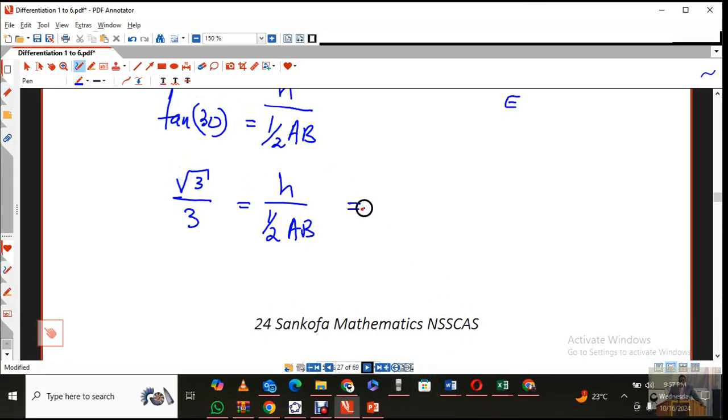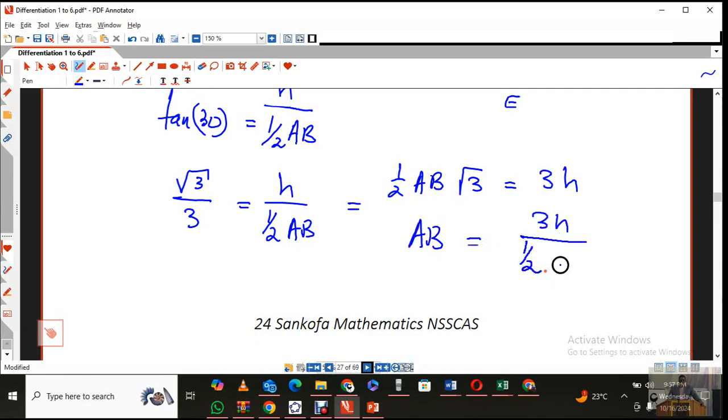So we can do that by doing quite a number of things, multiplying a half AB times root 3 is equal to 3H. Then AB will be 3h divided by a half divided by root 3.